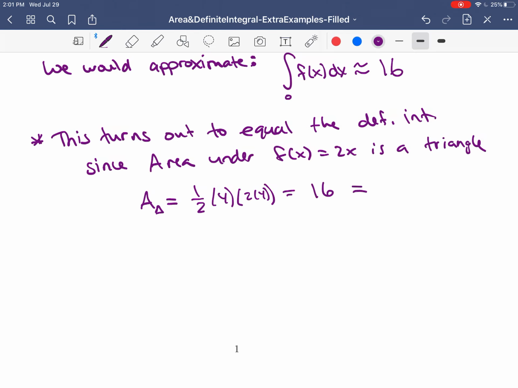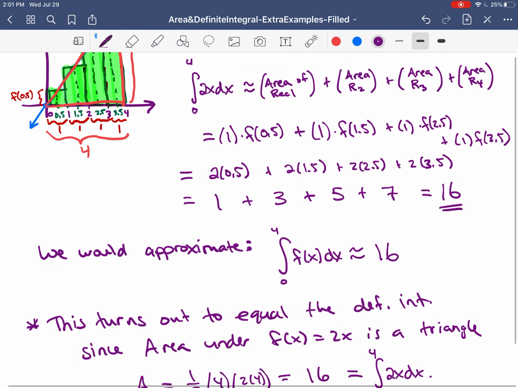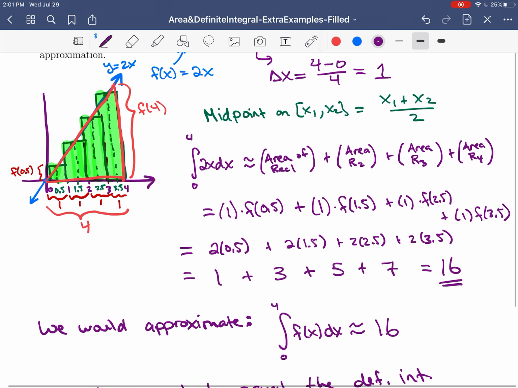Since it's always above the x-axis, that's actually equal to the definite integral of 2x dx from 0 to 4. So here we actually got the exact answer using the midpoint, but that doesn't always happen. That was just lucky, and we can only check it because we have the triangle.